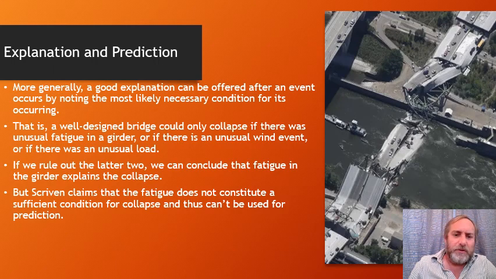So what you do is you rule out, oh, well, there wasn't a hurricane or anything that day, and no, there weren't any exceptionally large trucks that drove by it, so I guess it has to be the girder, right? But the fatigue in the girder in itself isn't a sufficient condition. You're not guaranteed a bridge collapse if a girder has gotten a little old, right? So it's no good for predicting.